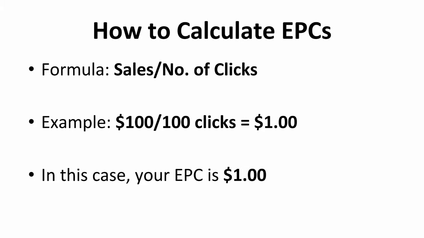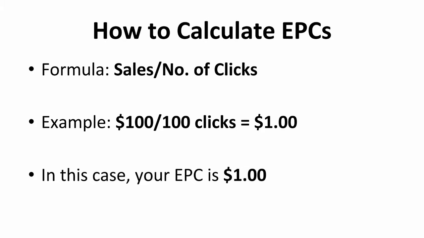How do you calculate your EPC? The formula of EPC is sales divided by the number of clicks. Picture this scenario. Let's say you are able to direct 100 clicks to your website, regardless of if it's your own traffic or from one of your affiliates. And from these 100 clicks, 2 of them made a purchase of a product worth $50.